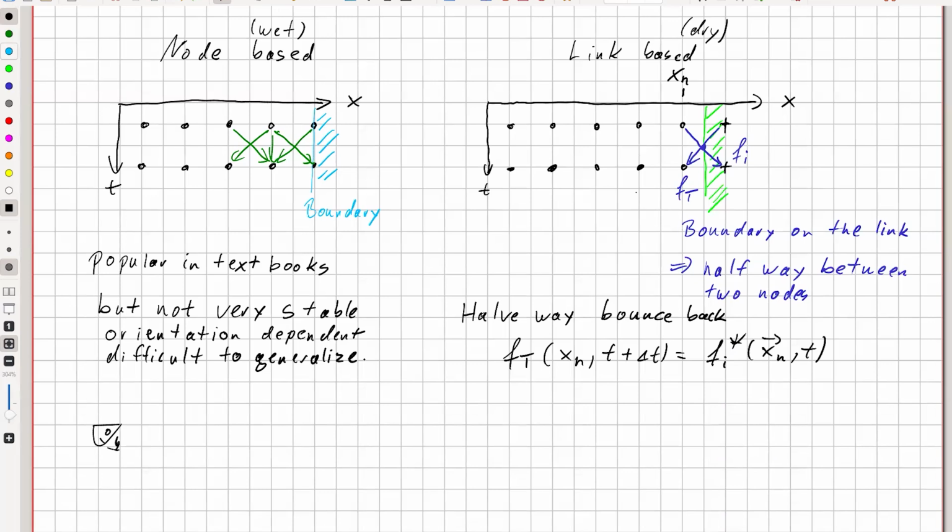So what boundary condition does this imply? This implies a boundary condition of zero slip, so bounce back is a no slip boundary condition, a velocity zero boundary condition, and it is a boundary condition that conserves mass, right?